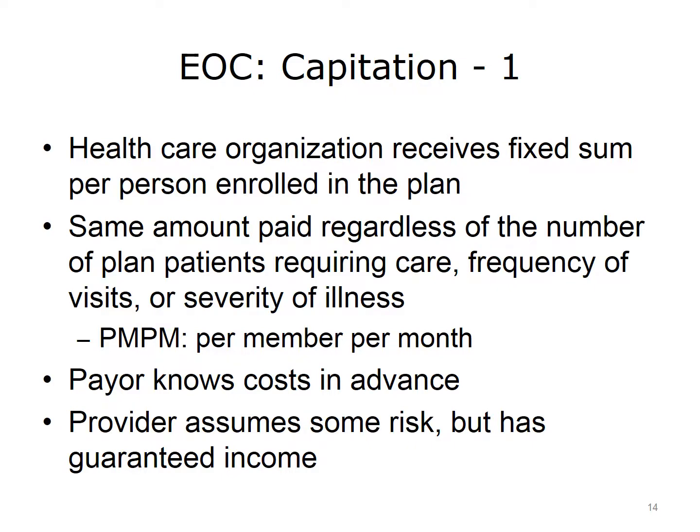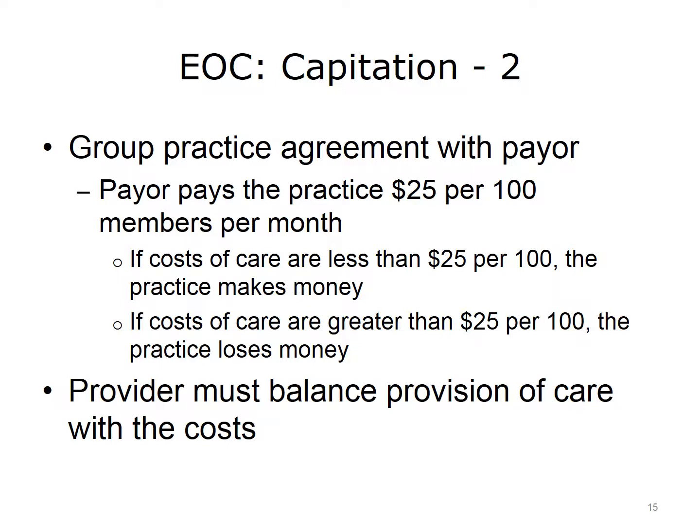To illustrate this, consider a group practice that enters into an agreement with a payer to receive $25 per member per month. For every 100 members assigned to the practice, the provider receives $2,500 per month, even if none of the member patients are seen.